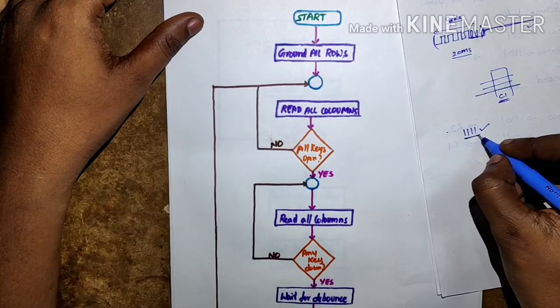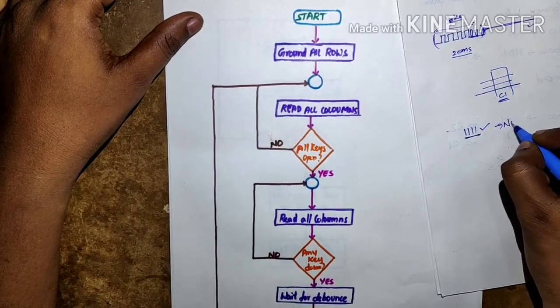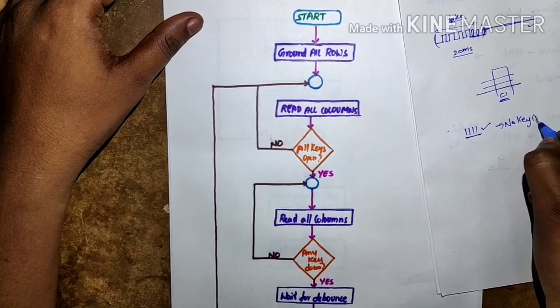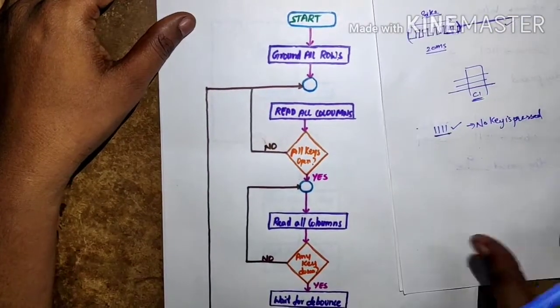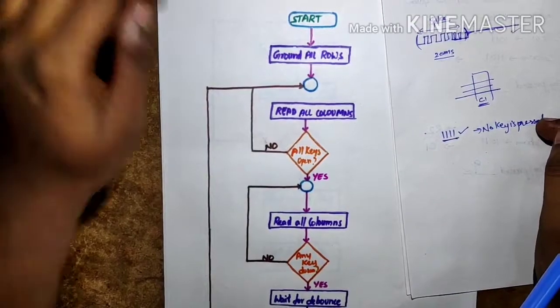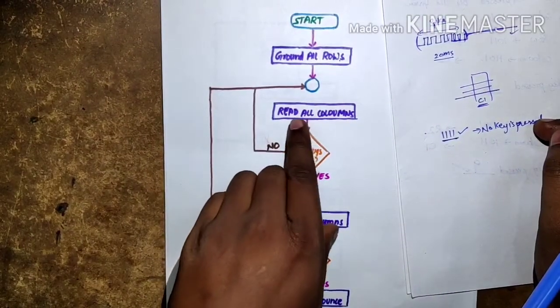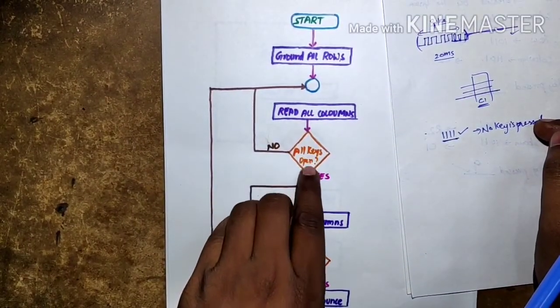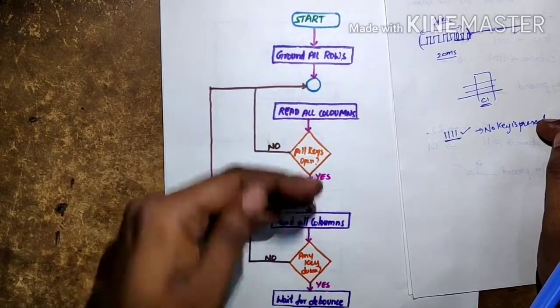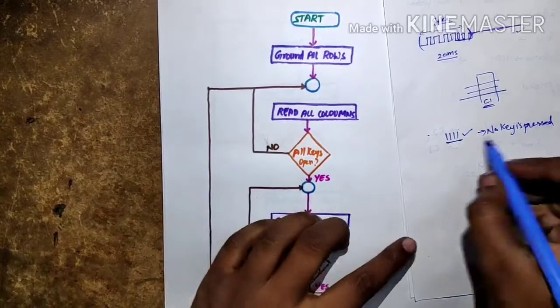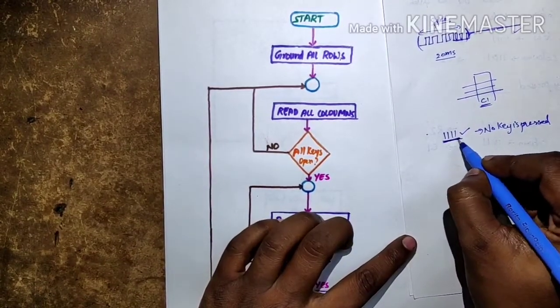If all columns are 1s, no key is pressed. So if all keys are open, all are ones, we will go to the further step.